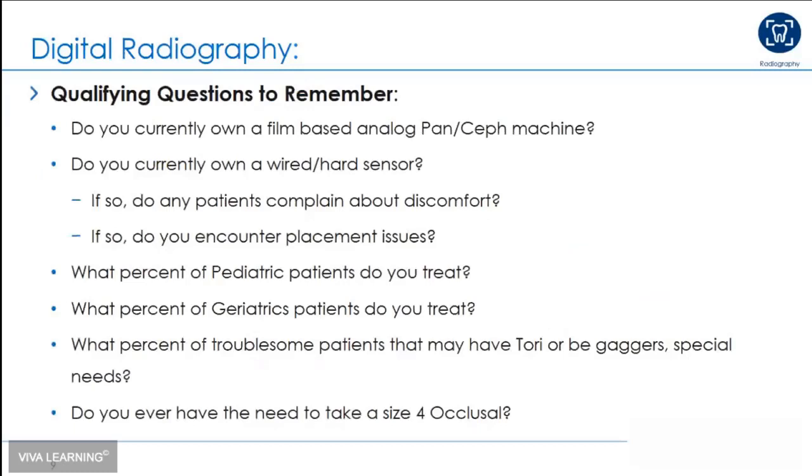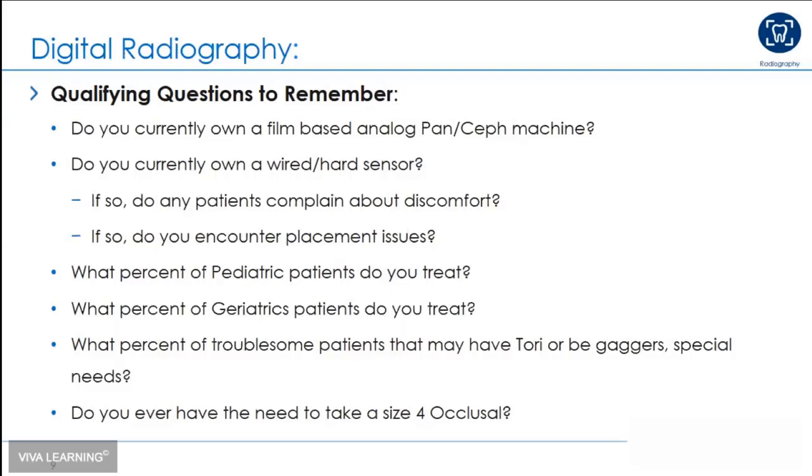But there are some qualifying questions to remember when you're going to make that transition or think about that transition to going digital. Number one, as I already teased you with, if you own a film-based analog pan or Ceph machine, you can instantly convert that to digital by using phosphor plates and processing that in the ScanX Classic.